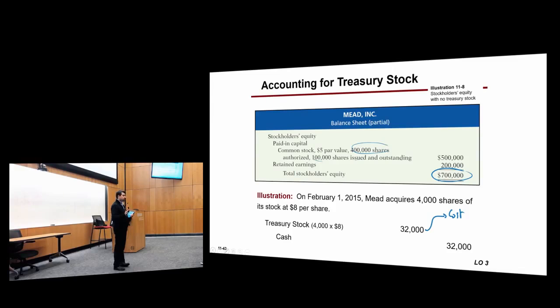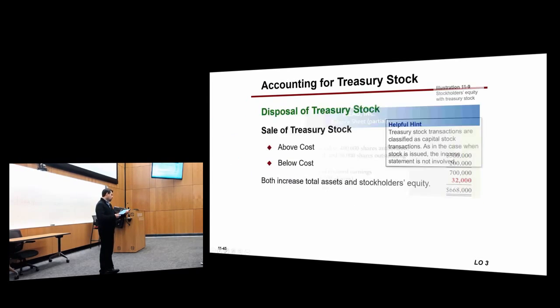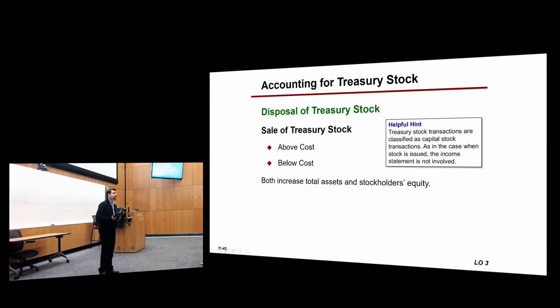That's not an asset. This is simply the company buying back part of their stocks. So they are, in a way, giving back part of their equity. So this is why their equity will decrease. Owner's equity will decrease. So this is when the company buys treasury stocks.